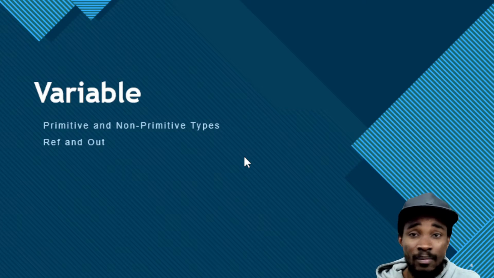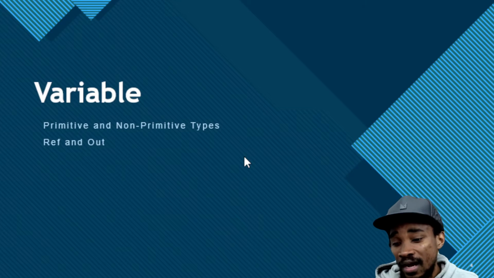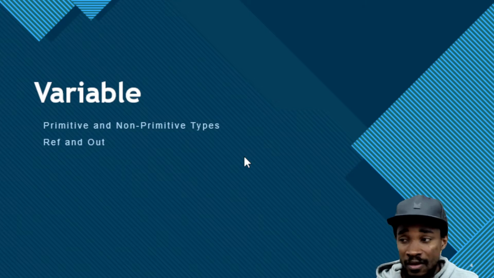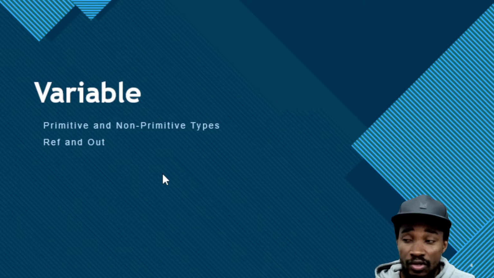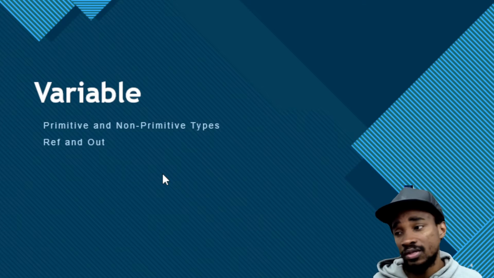For example, a class is one that you're going to define yourself, which I'm going to show you. And enums, structs. Those are the non-primitive types, the ones you came up with yourself. But the primitive types are the ones that are already in there. You just use them. And also, as part of variables, I'm going to show you guys the ref and the out keywords that you can use with your variable, what the use cases are, and what they mean.